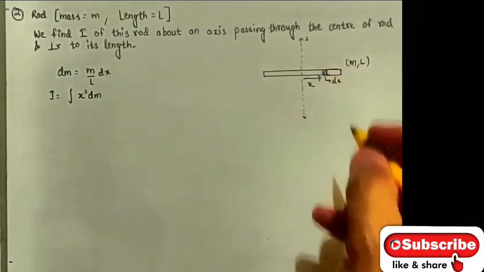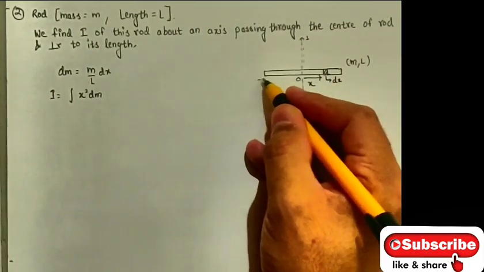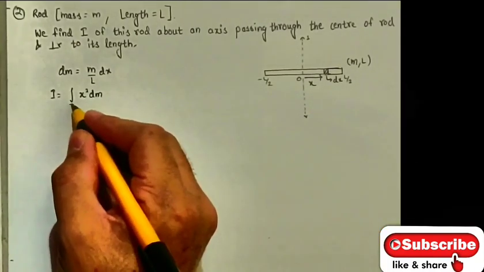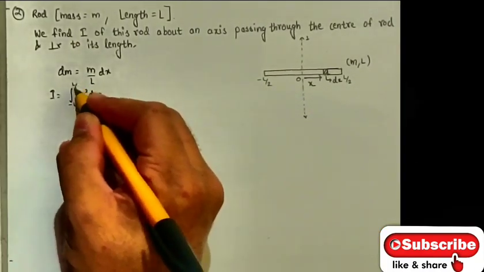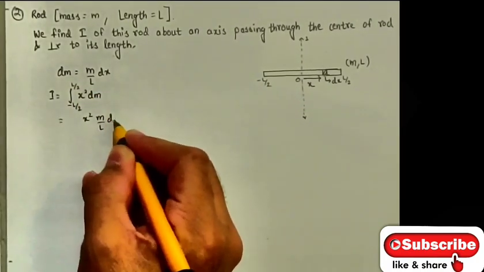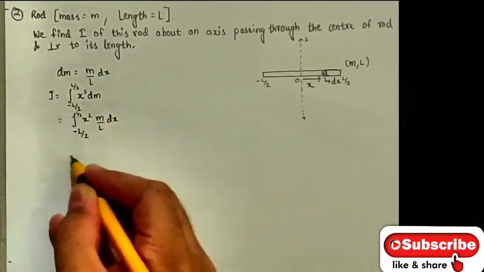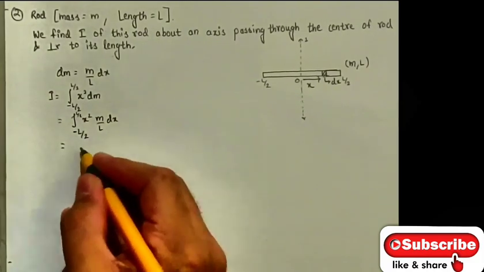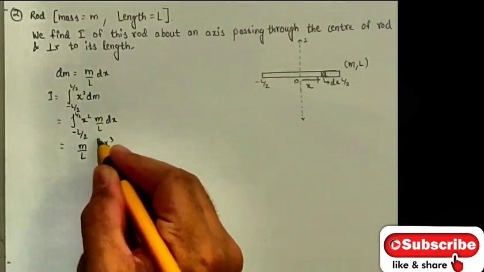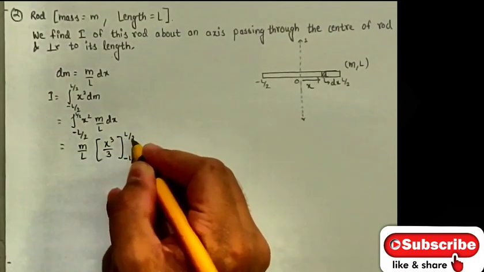Now here the limits are changing. Let's assume this is the origin, so the limits are minus L by 2 to L by 2. Therefore integral of x square m by L dx from minus L by 2 to L by 2, we get m by L, x cube by 3, from minus L by 2 to L by 2.